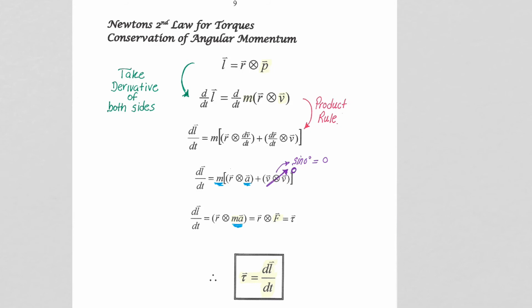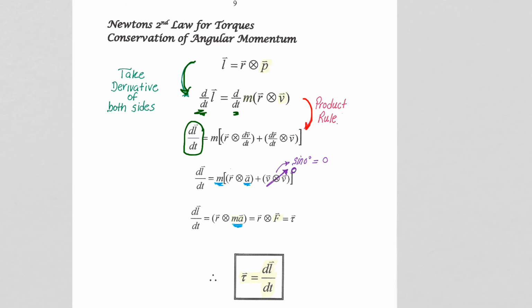We have L equals R cross P, and there is no reason mathematically that you are not permitted to simply take the derivative of both sides. As long as you take the derivative of both sides, you are being consistent. So here we have dL/dt, and we want to see what it is going to equal. Well, the cross product is a product, so we can use the product rule.